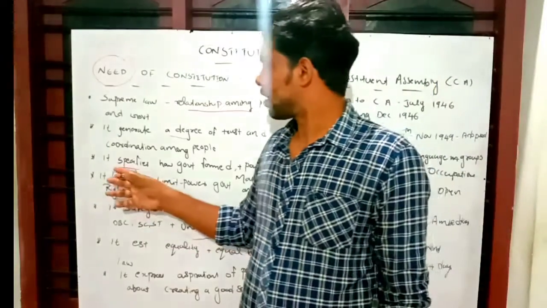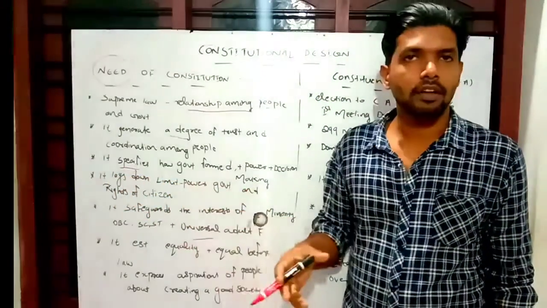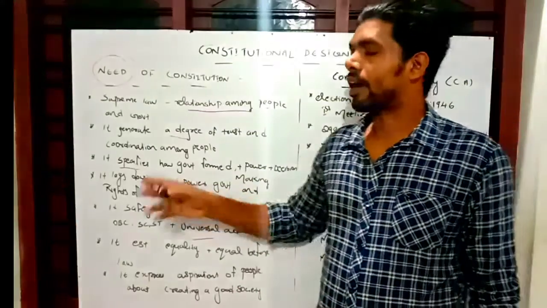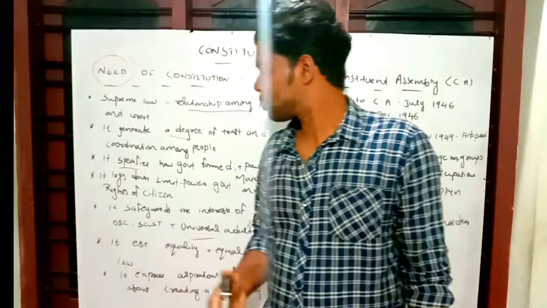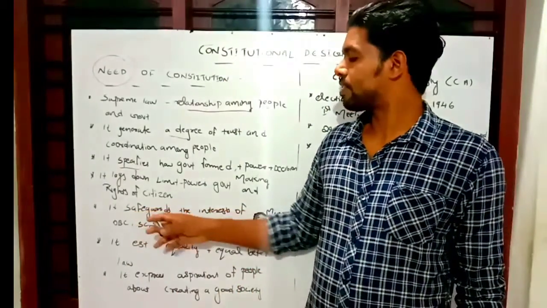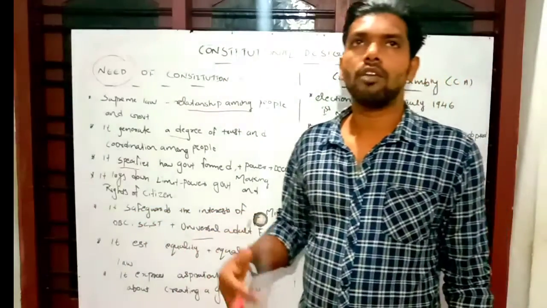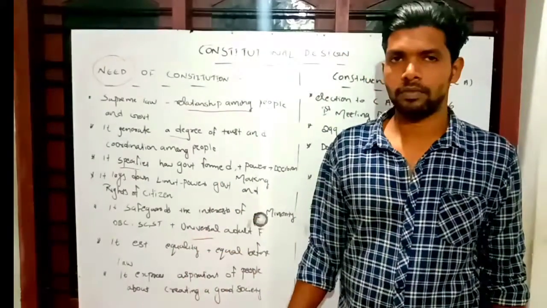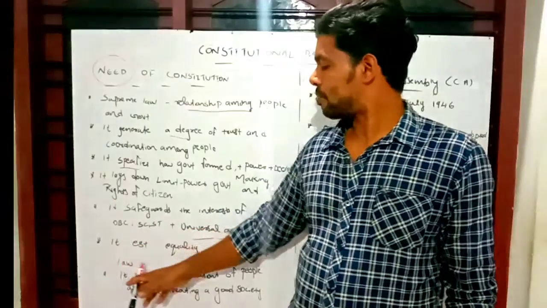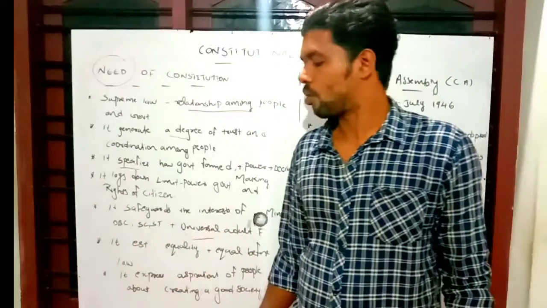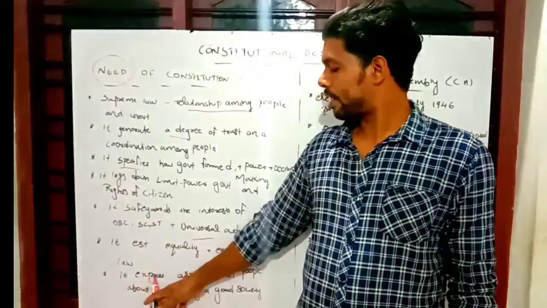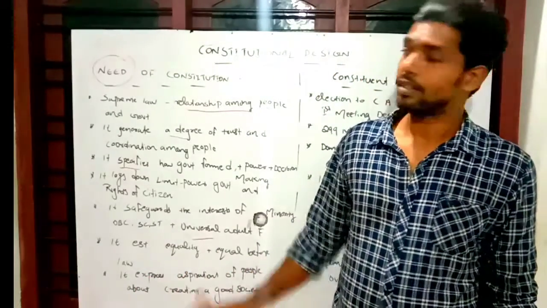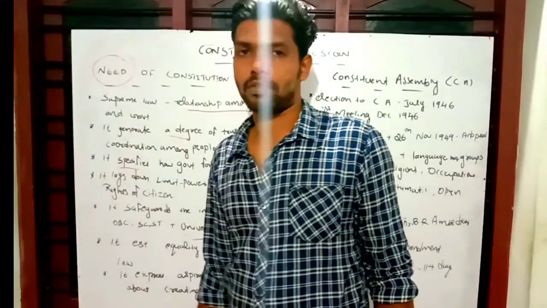Fourth, it lays down the limits of the power of government and the rights of citizens guaranteed by the constitution. Fifth, it safeguards the interest of minorities, especially SC and ST, and guarantees universal adult franchise. Sixth, it establishes equality before the law. And last, it expresses the aspirations of the people about creating a good society. That's about the need for a constitution.